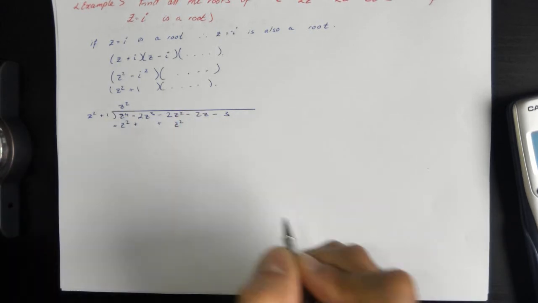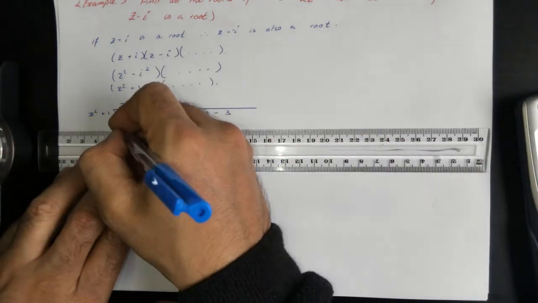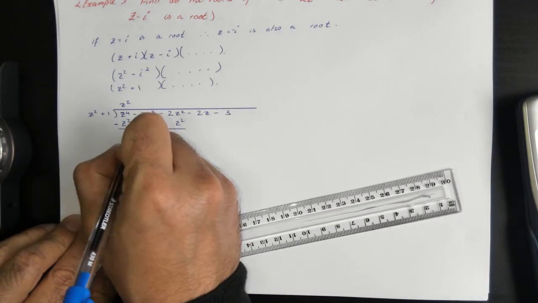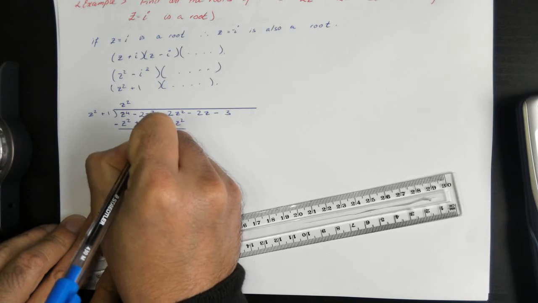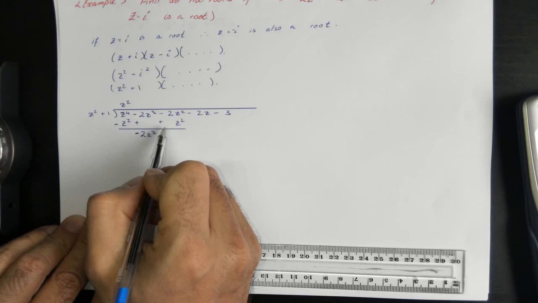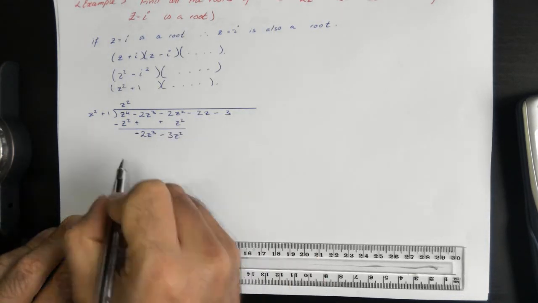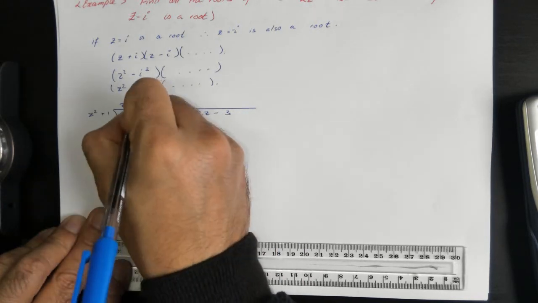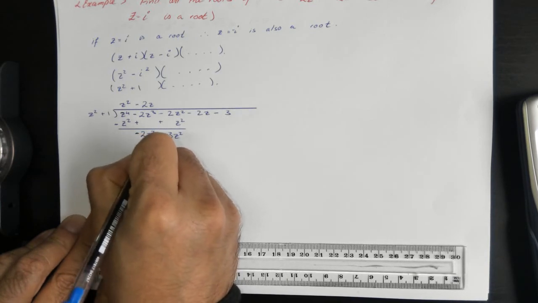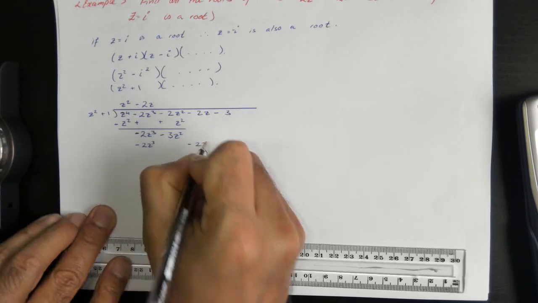All right. Let's subtract those together. That cancels out. Negative 2z cubed minus nothing is that. And then minus 2z squared minus z squared is minus 3z squared. Okay. So that goes in 2z times.